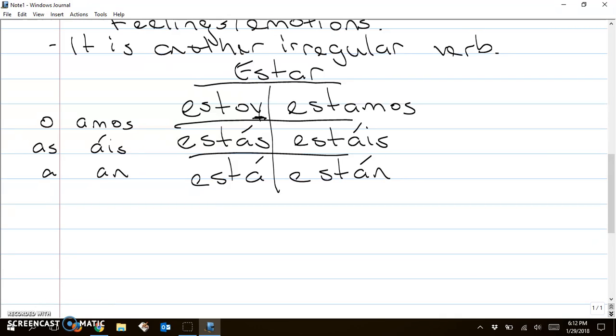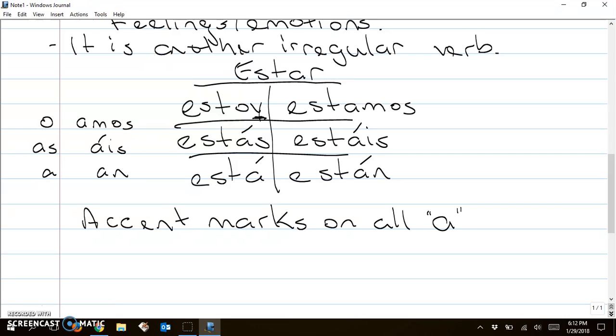The second irregularity only comes in the accent marks, which are, easy way to remember, accent marks on all A's except estamos. So if you see an A in the verb estar, it gets an accent mark, except for the estamos form.